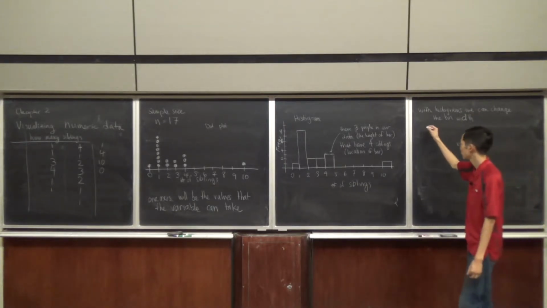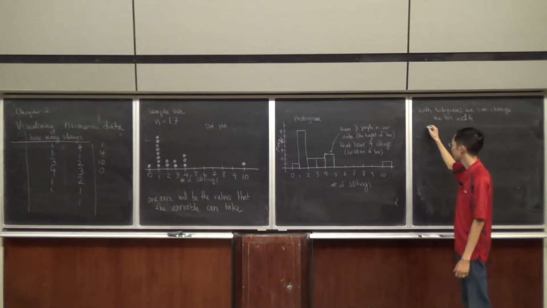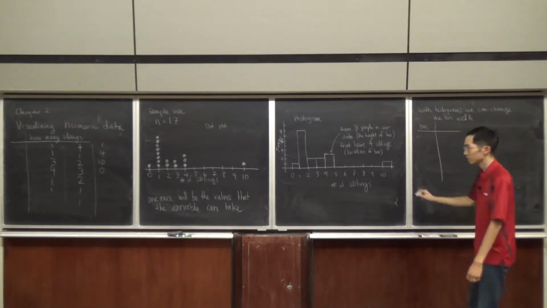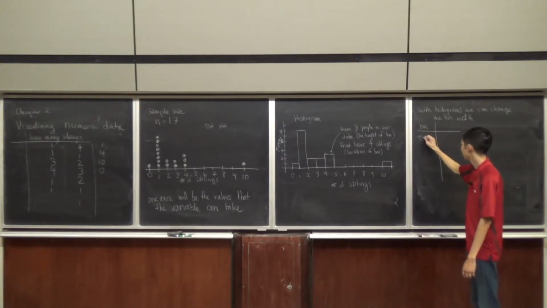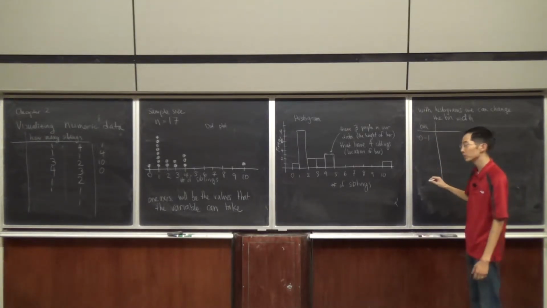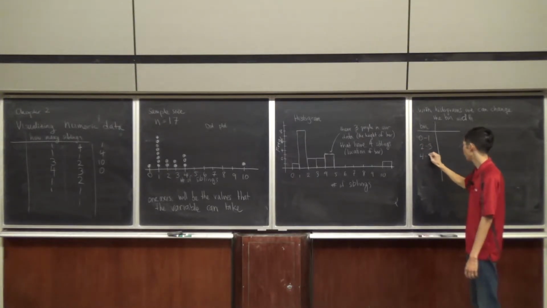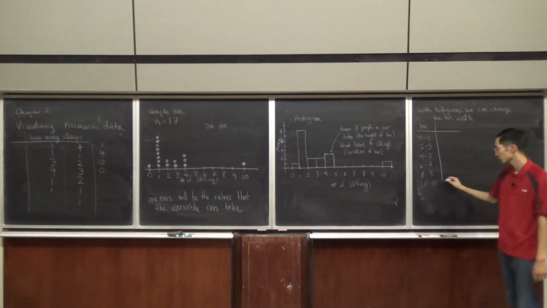So in our, just for illustration, we could say, for the data that we have, I could create a bin that says between 0 and 1 siblings, between 2 and 3 siblings, between 4 and 5, 6 and 7, 8 and 9, 10 and 11 siblings, okay?